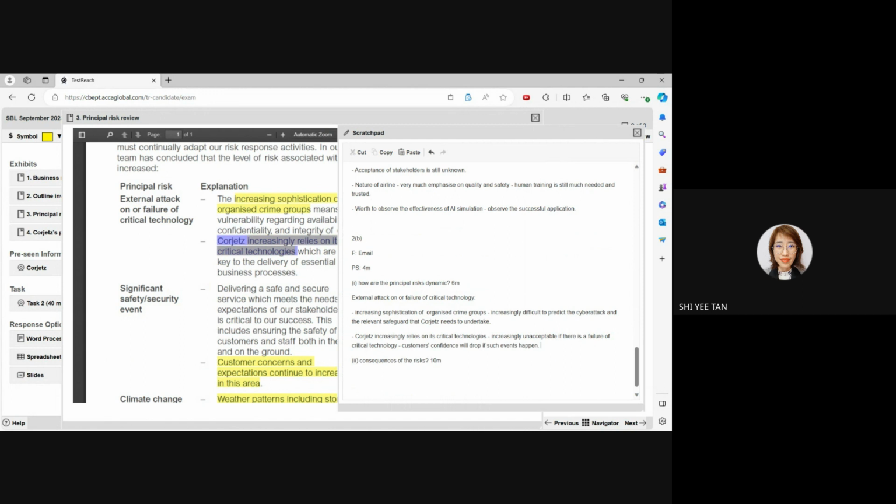Right? So that shows that the risk is very dynamic in the sense that because they increasingly rely on technology, it means they rely more and more and more. So when you have more and more technology, it's getting more and more unacceptable if the technology cannot be used. Right? Because all the customers actually depend on it. So when your technology cannot be used, basically your customer will think, yeah, cannot use again.